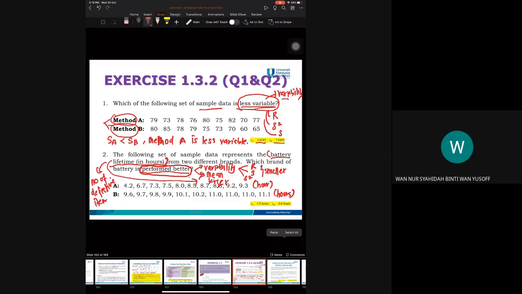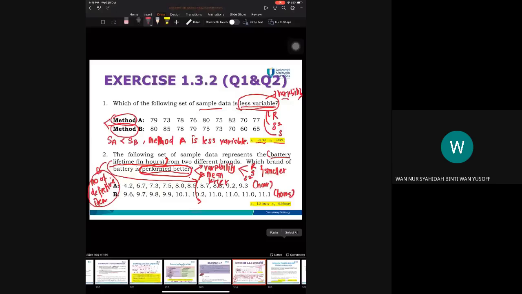What happened to the mean here? How should the mean be in order to know which one performs better, if we have this kind of variable? The mean should be smaller, because it is about the number of defective items.